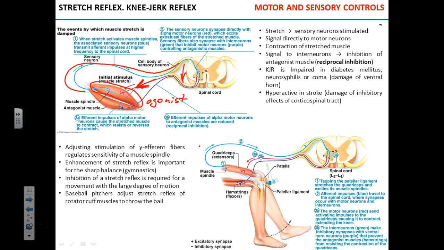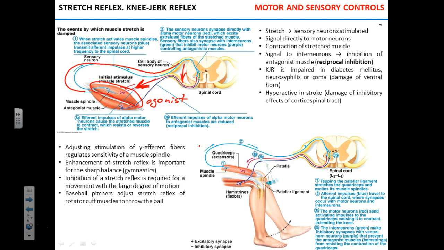Yes, so biceps brachii flexes the elbow, triceps extends the elbow. These are antagonist muscles. Does that make sense? Anterior muscles of the femur extend the knee, dorsal muscles of the femoral region flex the knee. Does that make sense? These are antagonistic muscles. Is that clear?